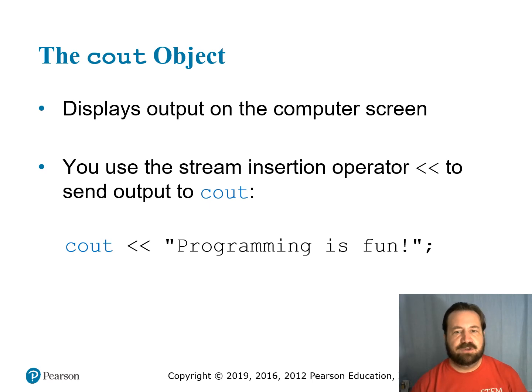You use the stream insertion operator, the less-than symbols, to send output to cout. So it operates as if you're pointing this output into the cout object. So we take the string programming is fun and we're smushing it into the cout object.